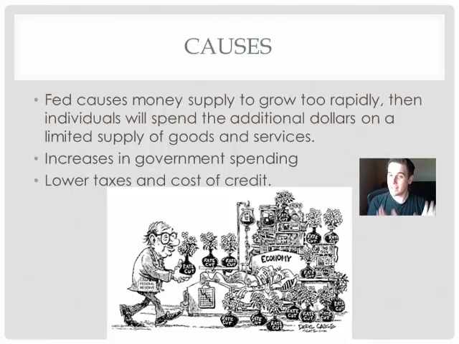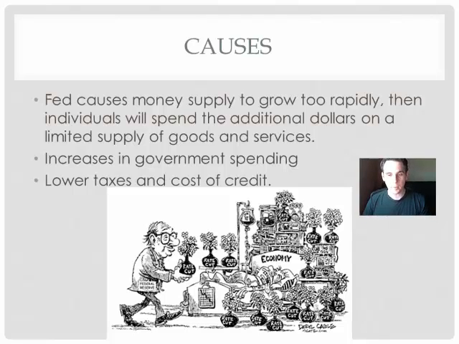And again, I said that's not that bad of a thing unless those incomes aren't rising high enough, or the increases in government spending get stopped at some point, and then those people don't have jobs or they have less pay. And then finally, lower taxes and lower cost of credit, because if people don't have high taxes and they can get loans cheap, they're going to spend more, which means demand is going up.